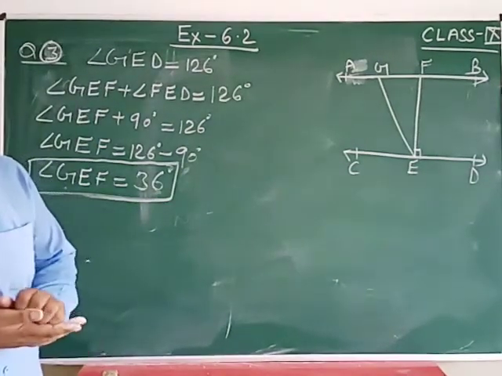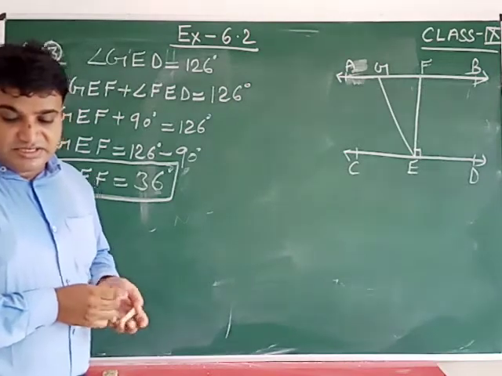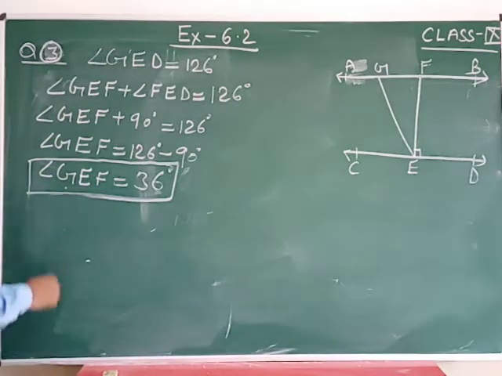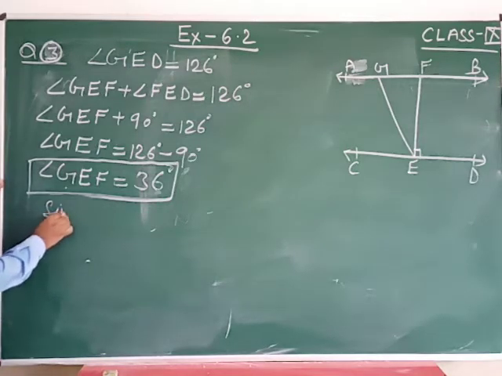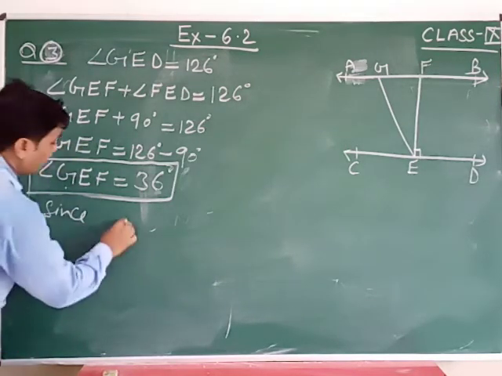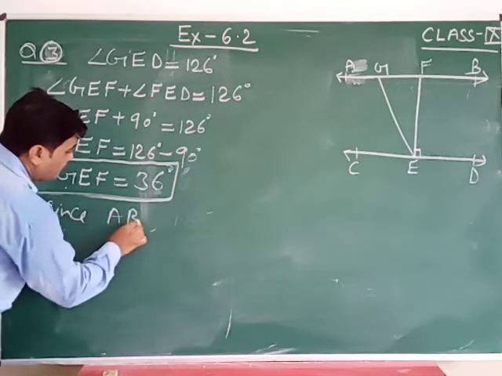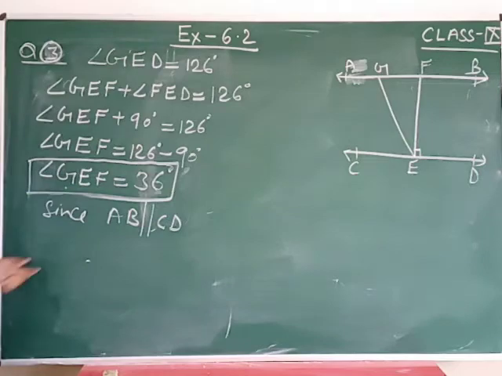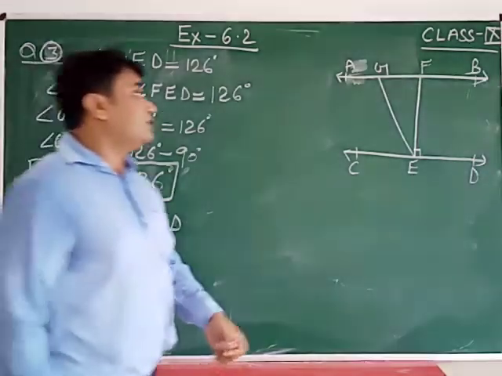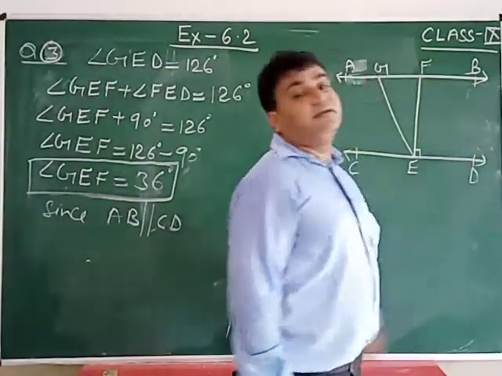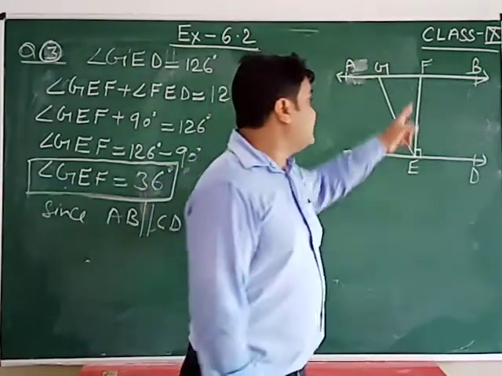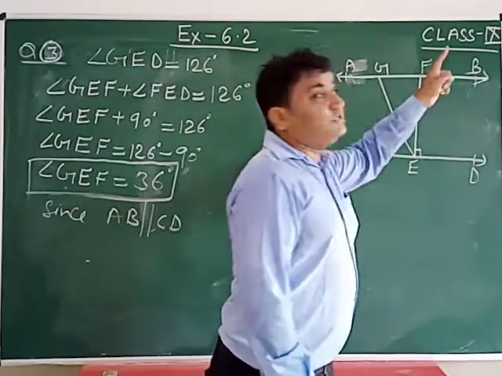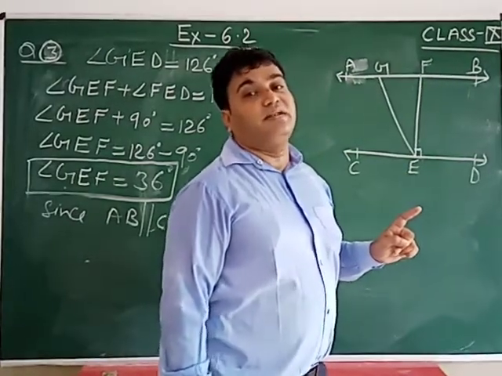Next we have to find FGE. Since AB is parallel to CD, this is the symbol for parallel, and the transversal line FE is intersecting them. This angle is 90, and it will also be 90 because of alternate angles.